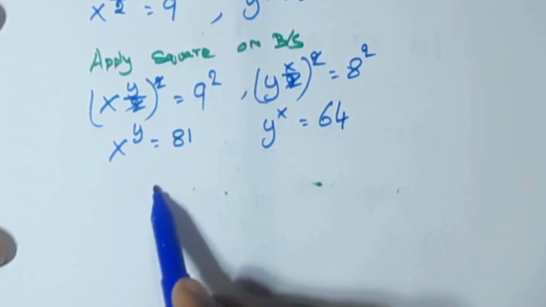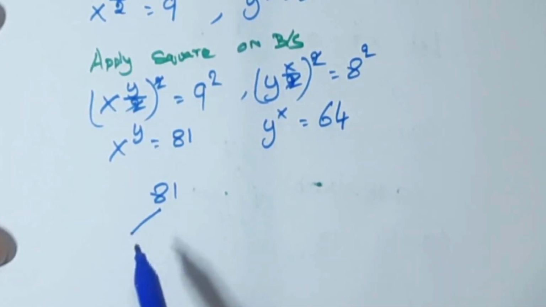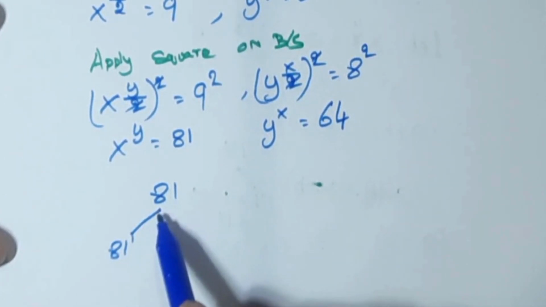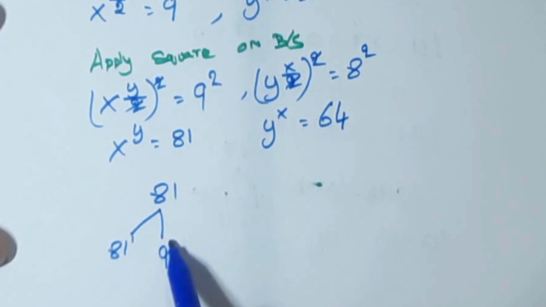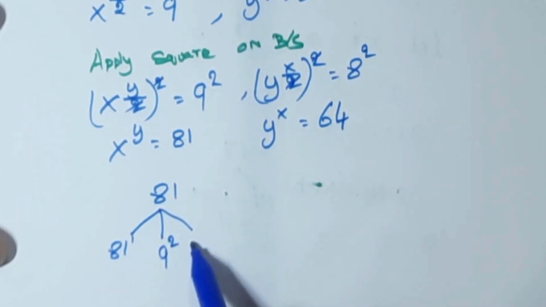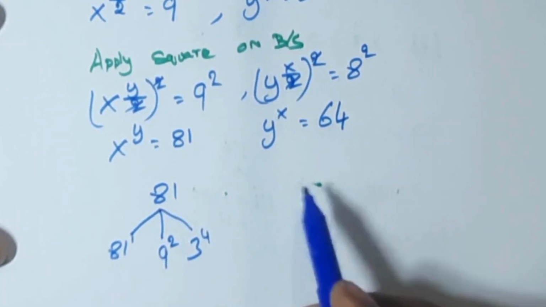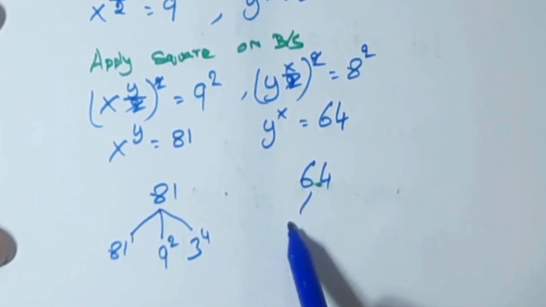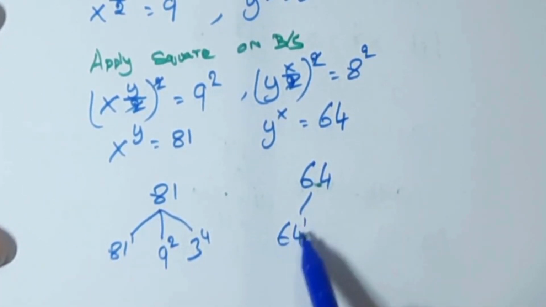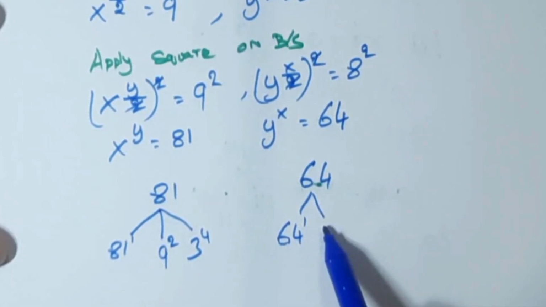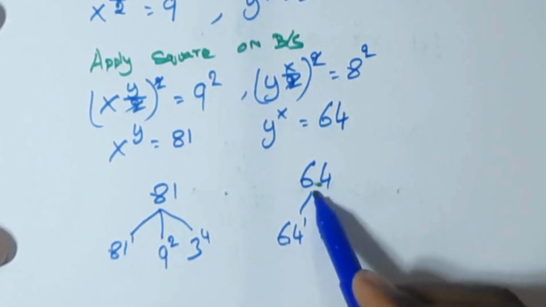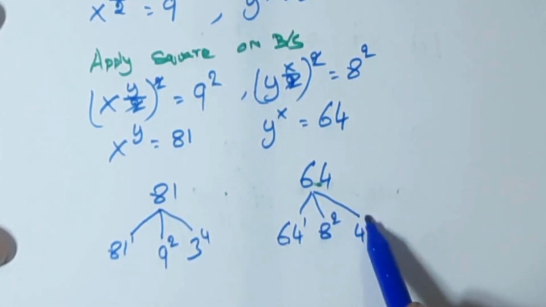The value of 81 in power form is 9 square, 3 to the power of 4. Same as 64, in power form, 8 to the power of 2, 4 to the power of 3.